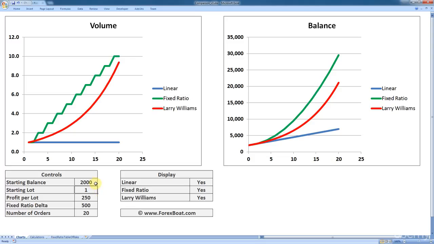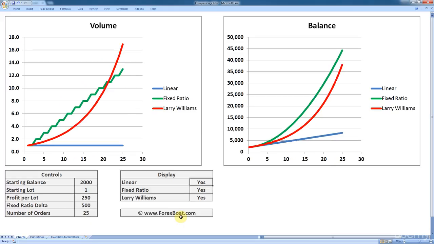But what else is interesting is that you can see here that even though the Larry-Williams method is below the fixed ratio method for now, if you increase the number of orders, so you go further down the track, let's say 25, you'll see that it's slowly catching up. It's already beaten the fixed ratio method in terms of lots, so it's exceeded it.